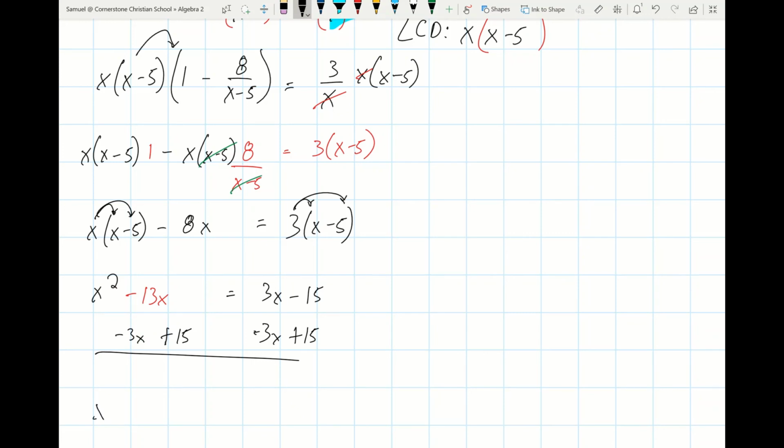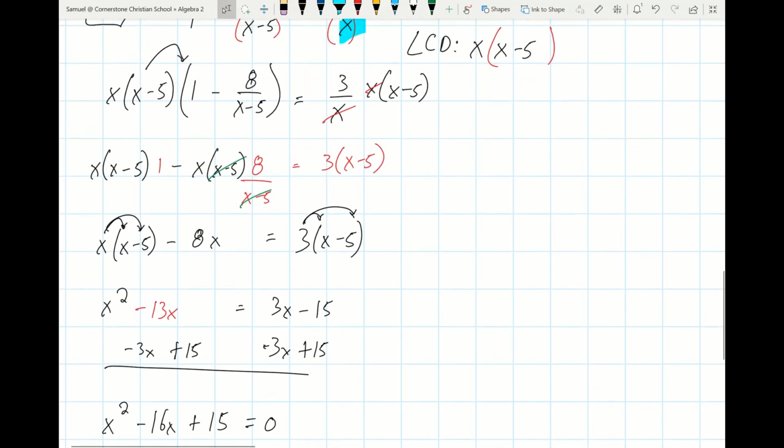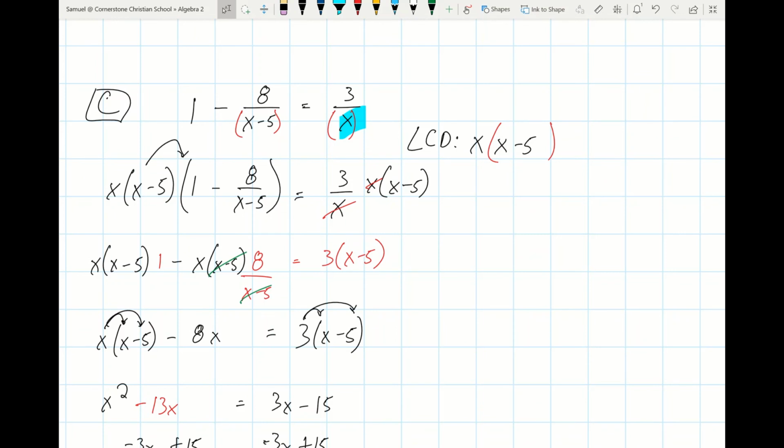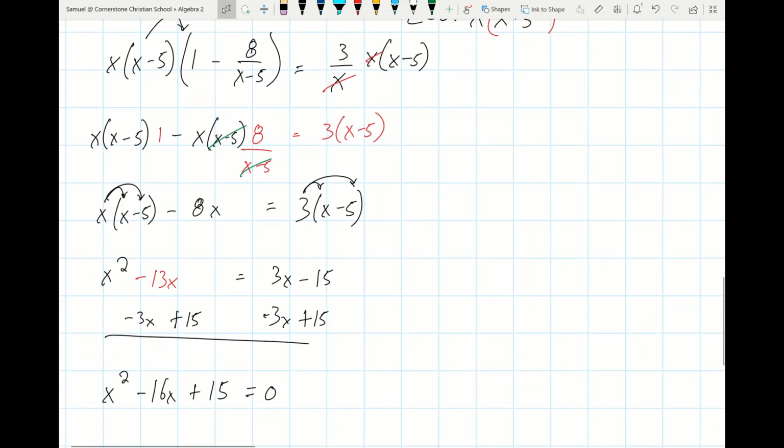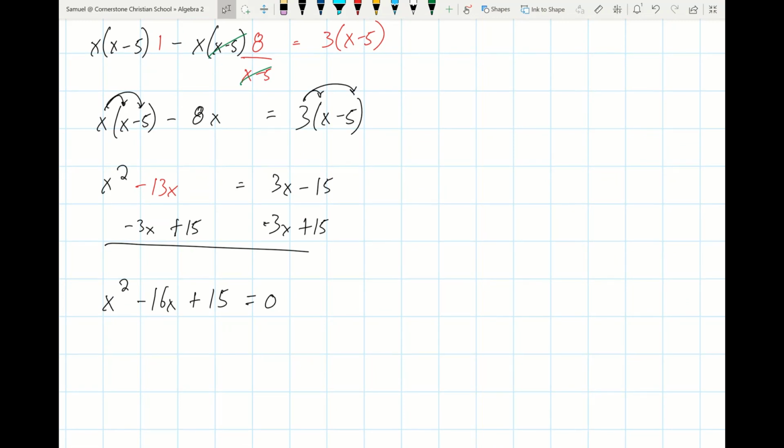So now on the left side, I have x squared minus 16x plus 15. And this all equals 0. So see where we have come from. We came from having multiple fractions to no fractions, okay? We have an x squared term, which gives you the hint that you're going to have to factor. So now we need to factor.